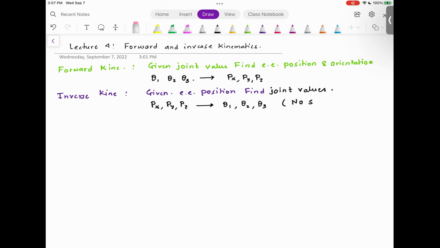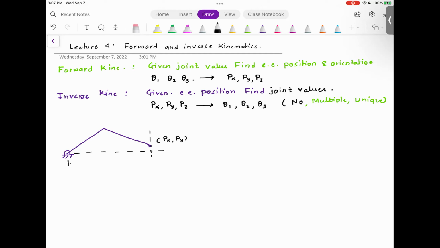Sometimes there could be multiple solutions, or a unique solution. A very common example is the robot arm that we talked about in the very first class. This is my datum, and I give you a value of px and a value of py.